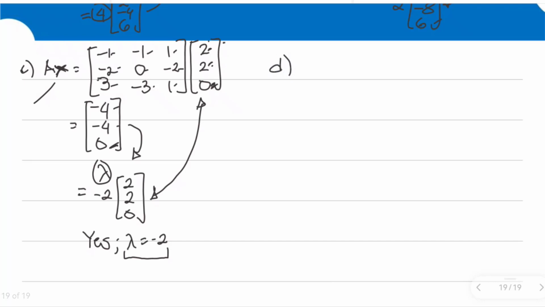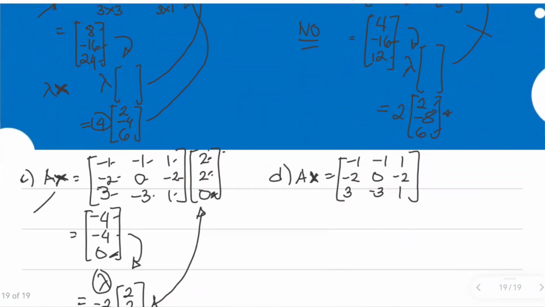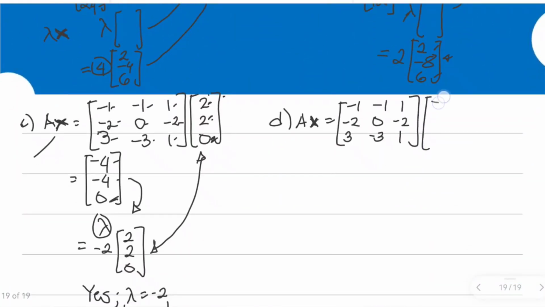So again, letter D, still to verify. So you have negative 1, and 1, negative 2, 0, negative 2, 3, negative 3, and 1, to be multiplied with your x vector in letter D, negative 1, 0, and 1. So 3 by 3 times 3 by 1 is also a 3 by 1 matrix. Negative 1 times negative 1 is positive 1. This is 0. 1 times 1 is 1.